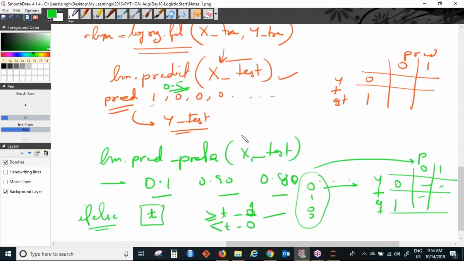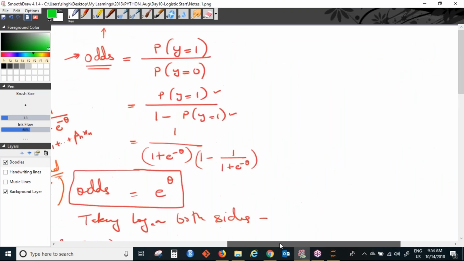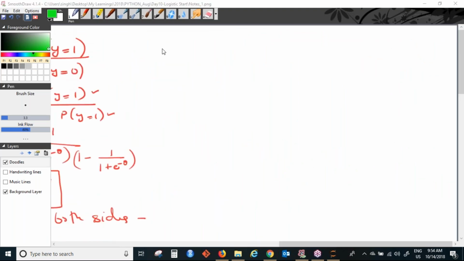Okay. So let's do a quick revision of what we have seen so far. Quickly, let's revise. It's the same. Those processes will remain same, Naresh. That has nothing to do with the algorithm. How do you replace missing values? All those processes will remain same. That has nothing to do with individual algorithms.